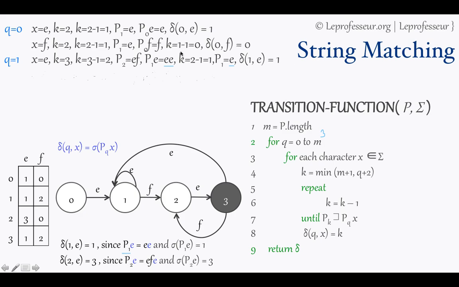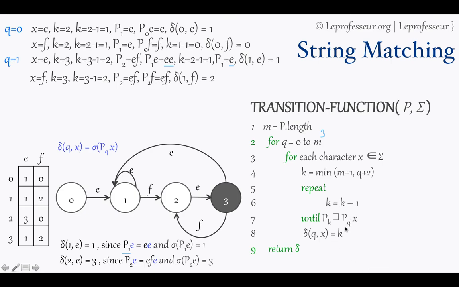All right, now let's say q is 1, and for each character, third step loop, the next character of the input alphabet is f. k is 3, we decrease the value of k, it becomes 2, p2 becomes ef, and p1f is equal to ef, because p1 is e and the next character is f.